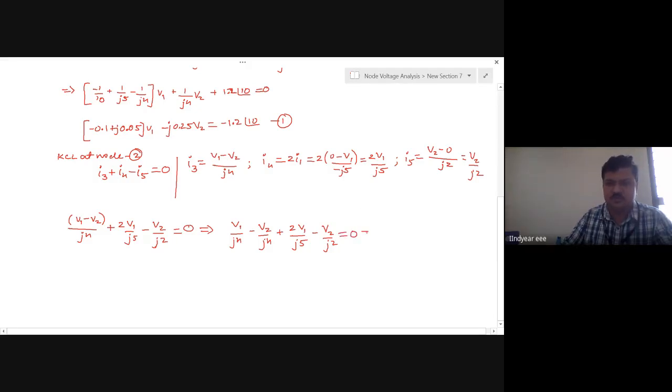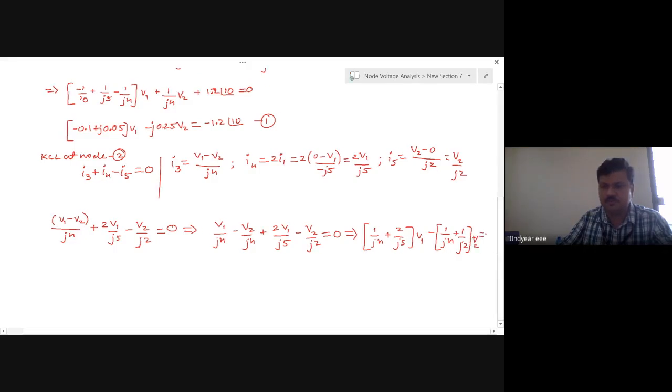Okay, so this implies V1, I will keep the term 1 by j4 plus 2 by j5, V1, minus of (1 by j4 plus 1 by j2) V2 is equal to 0.